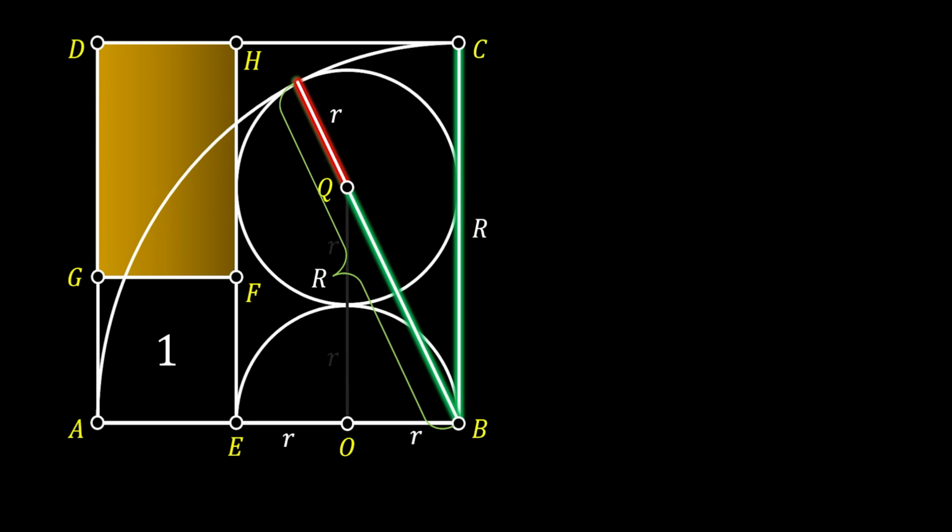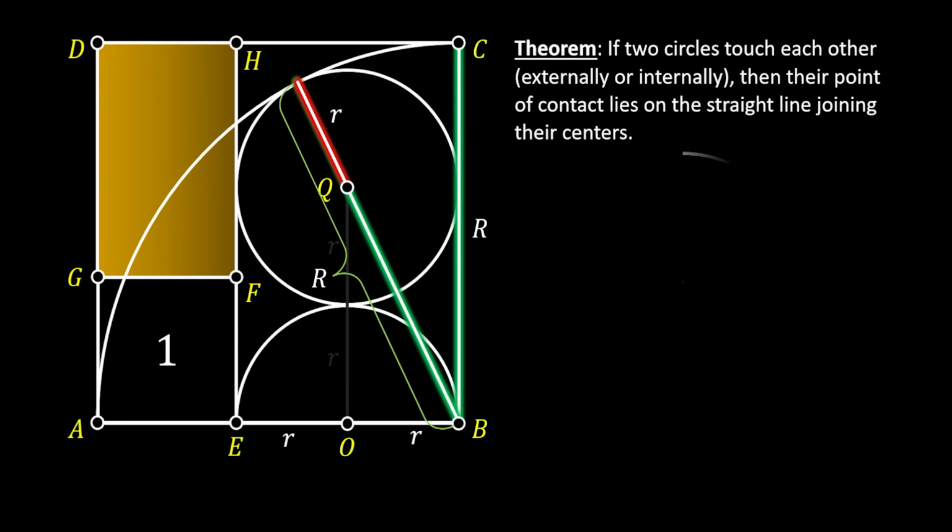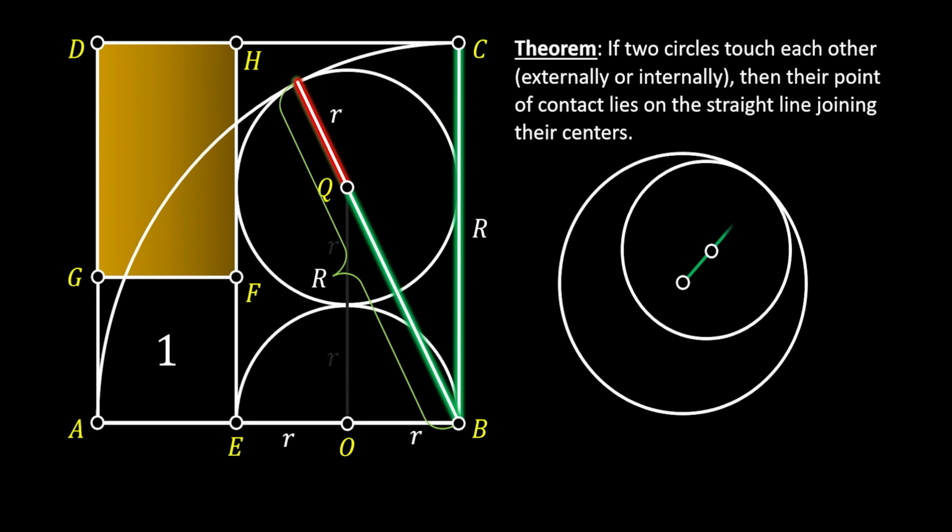Now, in order to prove this, you can use the same circular theorem as before, only this time we will use two circles that touch each other internally. Then, again, their point of contact will lie on a straight line which joins their centers, and as you can see, this is exactly our case. This leads us to conclude that the remaining segment QB will have the value of capital R minus small r, or it's going to be equal to the difference between those two radii.